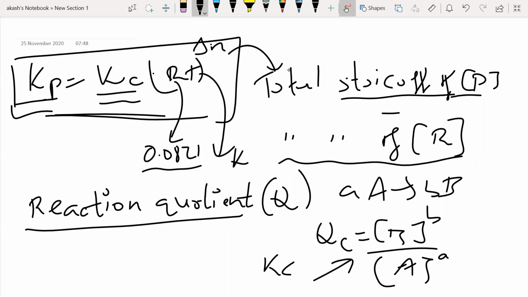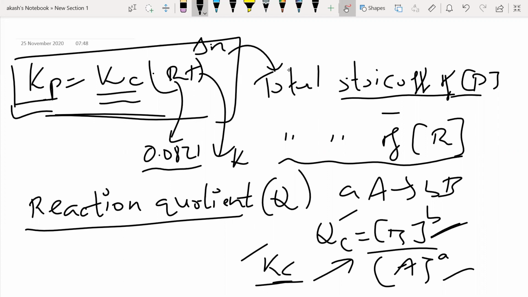We'll come back to Qc. But in Kc specifically, what are these concentrations? At what time do I have to take the concentrations? Qc and Kc have the same formula, both are concentration of products by concentration of reactants.